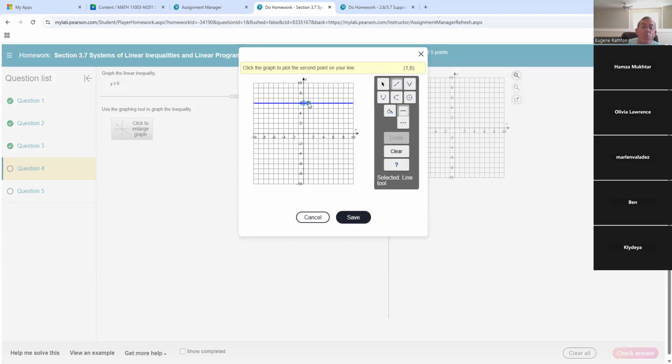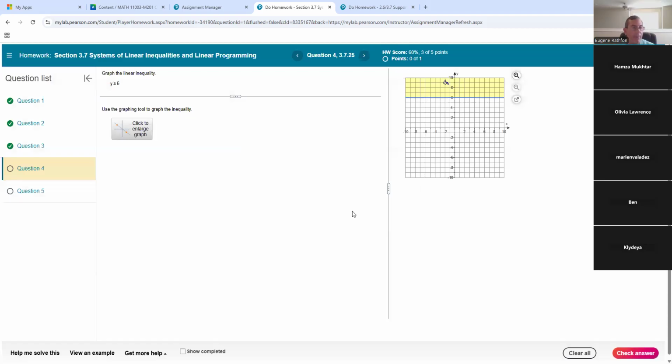And then I usually just go 1 right and click. I got my line. Now I have to shade above it. So I'm going to grab that paint can and go above the line and click. All right, y'all. So now we've got that plotted. And then what? You check your answer.